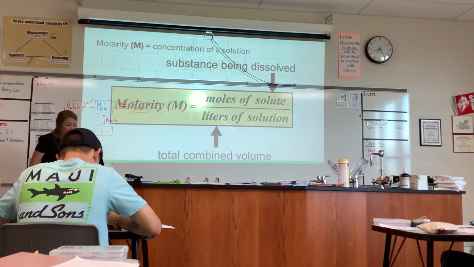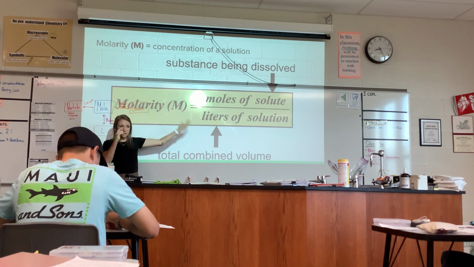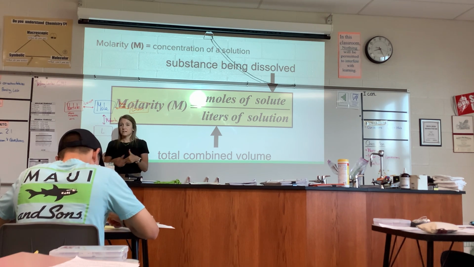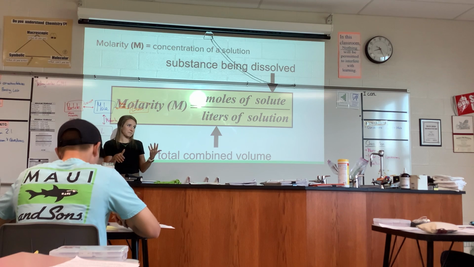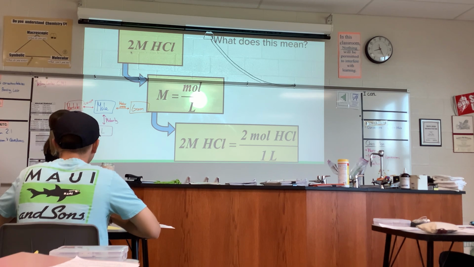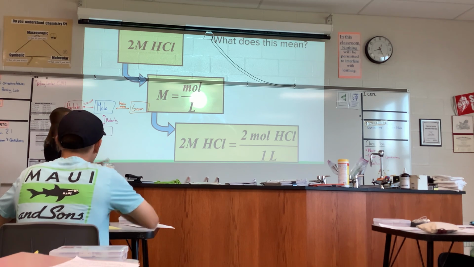Okay, everyone okay if I go to the next one? Side note, the molarity symbol is just a capital M, so that's how you abbreviate molarity. Make sure you capitalize it though, because lowercase m means something else. So when we see 2M HCl, it is telling us a molarity of 2.